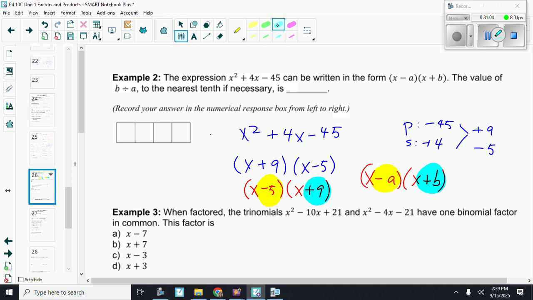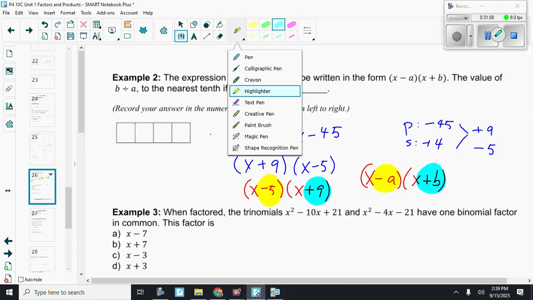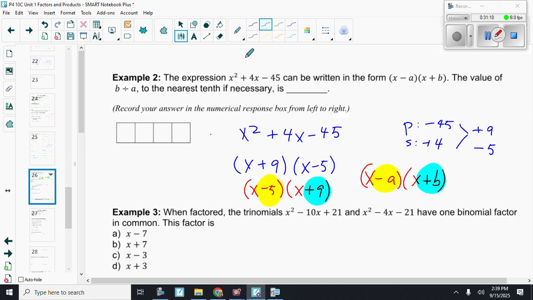Because my form already had the negative, the negative is already counted for.